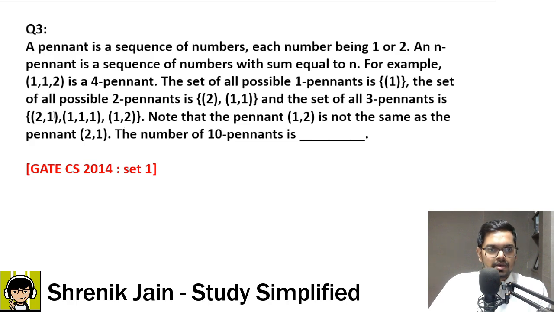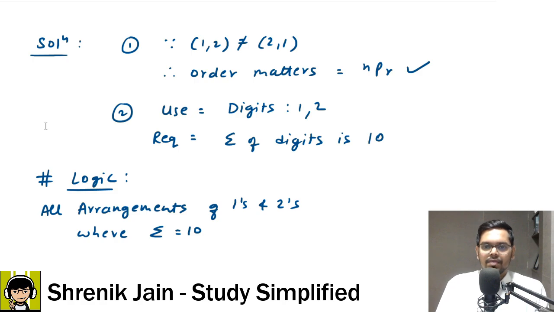This is an ordered pair made out of a digit sequence where 1s and 2s are used and the sum of the digits is 3. Similarly, our requirement says the sum should be 10, which means all the arrangements of 1s and 2s such that the sum of the digits comes out to be 10. That's all. This is what the logic says.